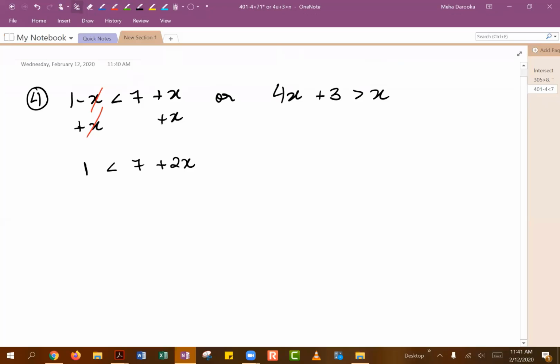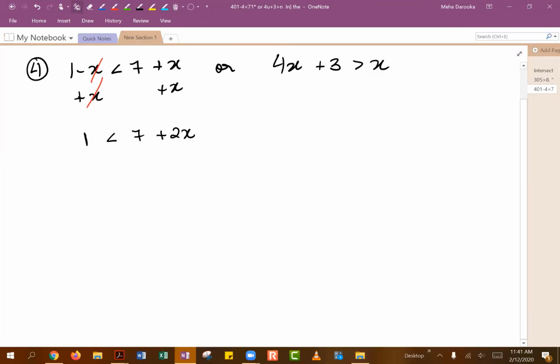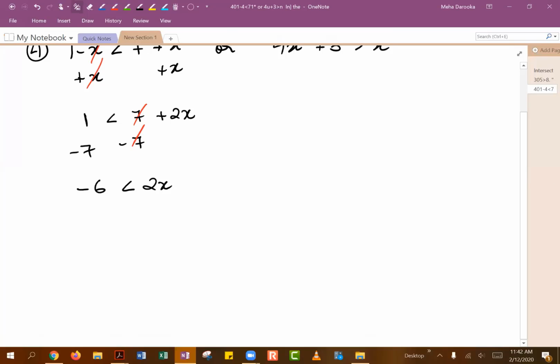Then, of course, go ahead and move your 7, right? So we'll subtract that 7 on both sides. Negative 6 less than 2x. Divide by 2.